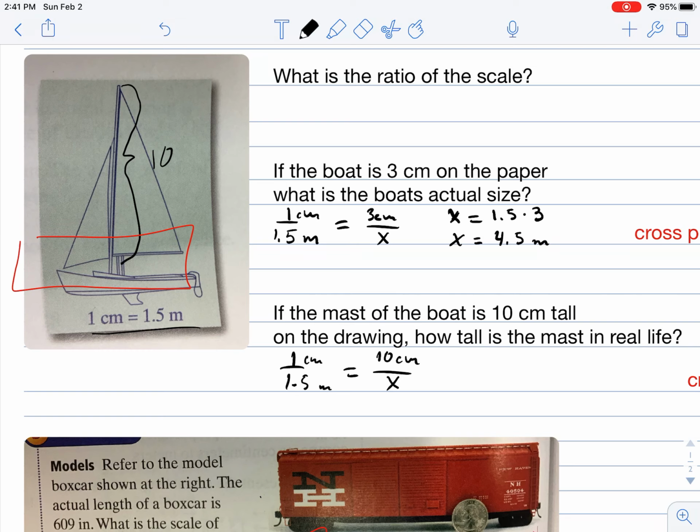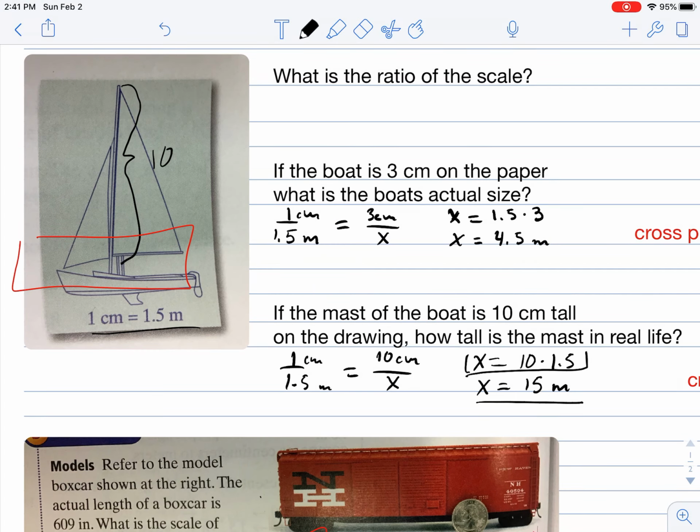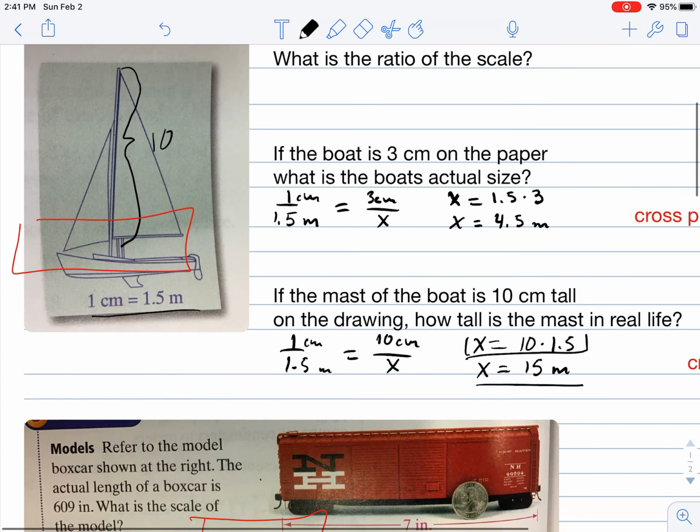Once again, 1 times x is just x, and on the other side, we have 10 times 1.5. So x is going to equal 15 meters in real life.